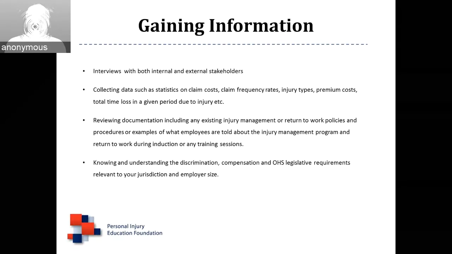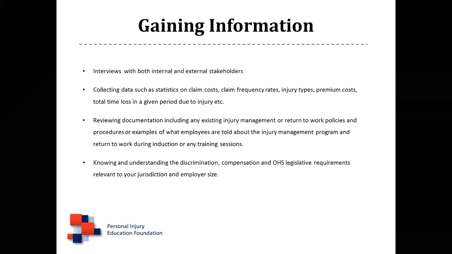Look at organisations that are very similar to you in size or the type of work you do, and have a chat to their injury management staff to see what's working for their organisation. How can you incorporate that into yours? That can often be a really good way to go about gathering information.